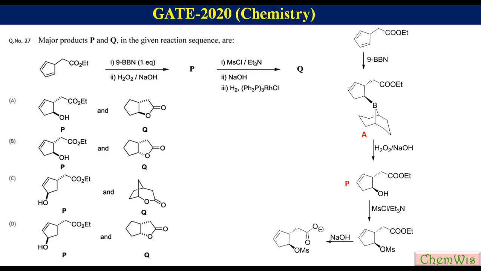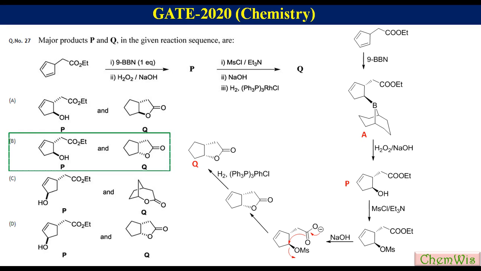This carboxylate undergoes intramolecular SN2 reaction to produce this unsaturated lactone, which after reduction gives corresponding saturated lactone, which is structure Q. So option number B is the correct option.